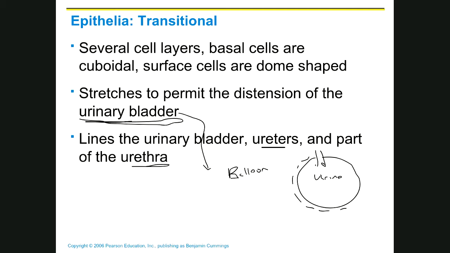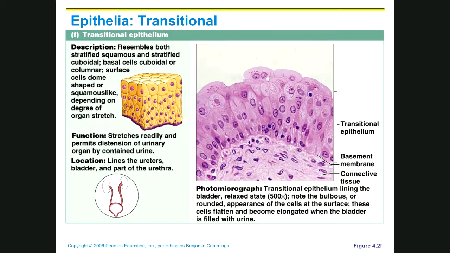And as the walls stretch, the tissue gets thinner and thinner and thinner. And you can see it do that. So if you look here, this is what the tissue looks like in the unstretched state. Look at it. The tissue is fairly tall. The cells are tall and round.